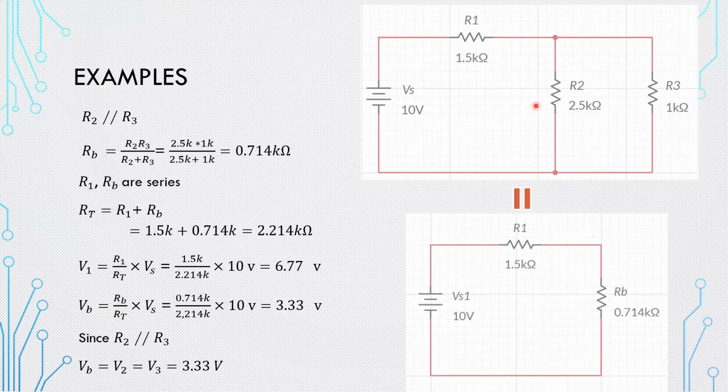If you go back to the circuit, VB is actually the equivalent for the parallel of R2 and R3. And I know that if I know the equivalent voltage for a parallel connection, then they are going to have the same voltage.